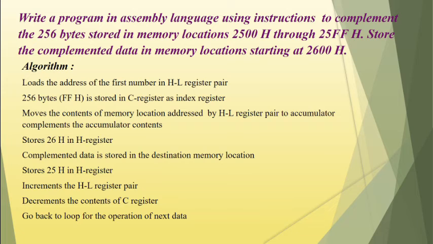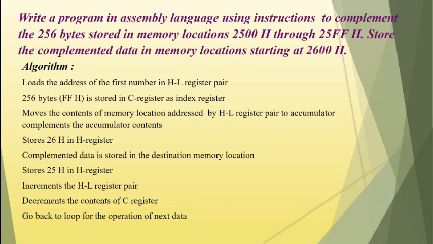We need to increment the HL register pair and we need to decrement the contents of register C, which is our count, and we have to repeat the process in a loop of moving the memory content from HL register pair to accumulator, and in this way we have to do it until the count becomes equal to 0. That is, all 256 bytes will be transferred.